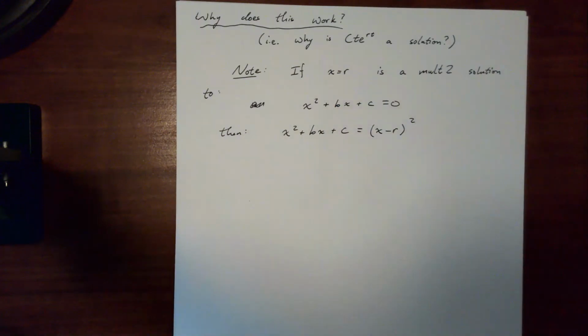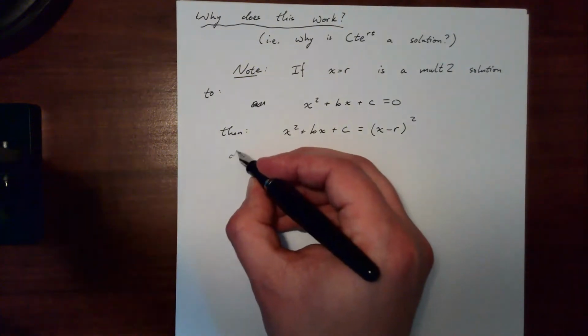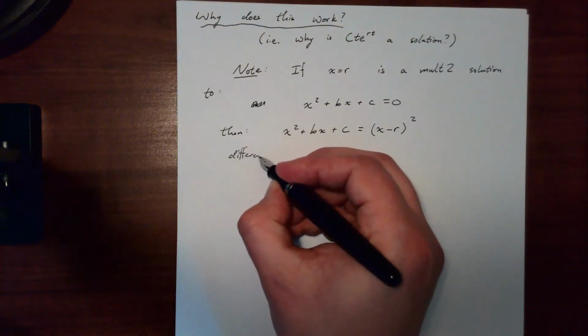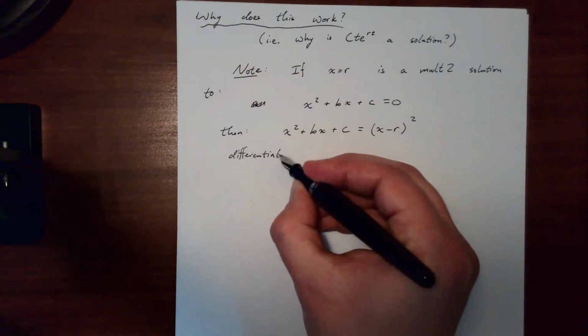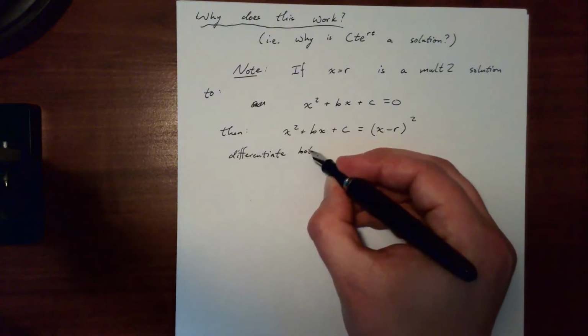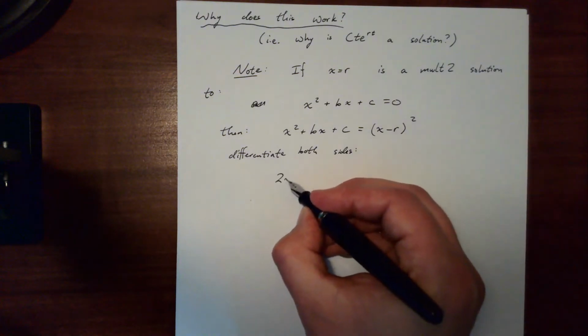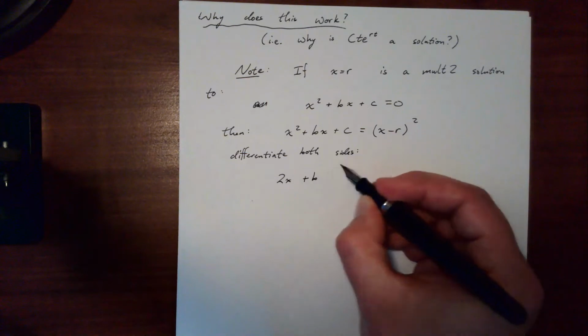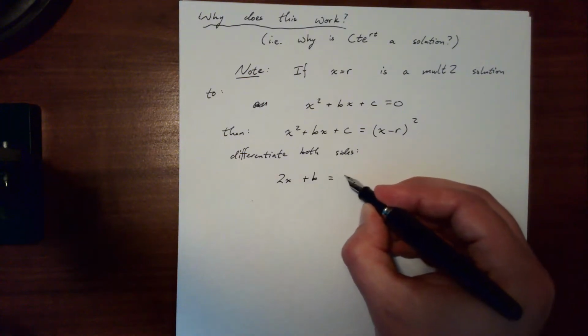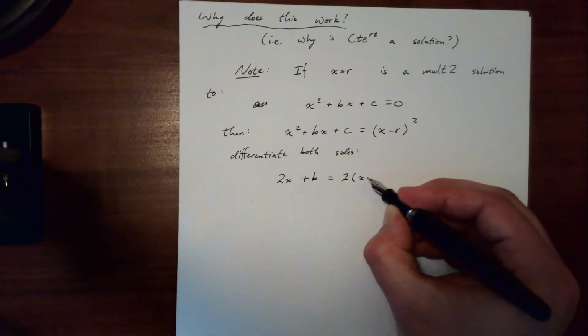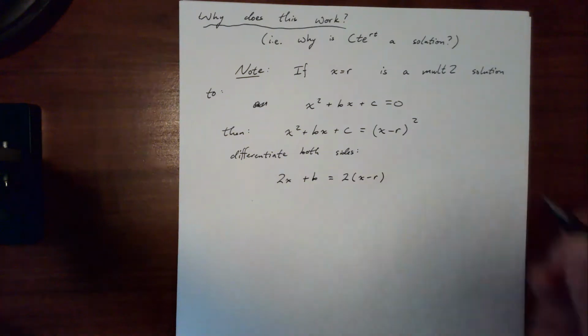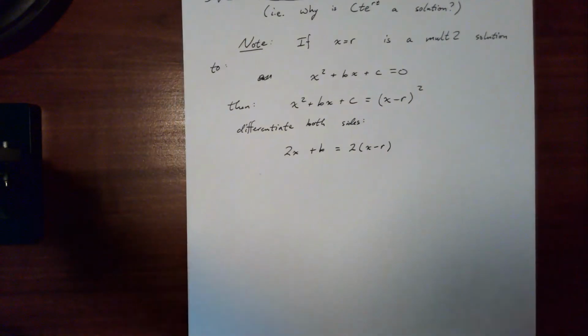And what that means then is that if I take the derivative of both sides, so if I differentiate both sides of this, I would have 2x plus b is equal to 2 times x minus r, which is just interesting to note.